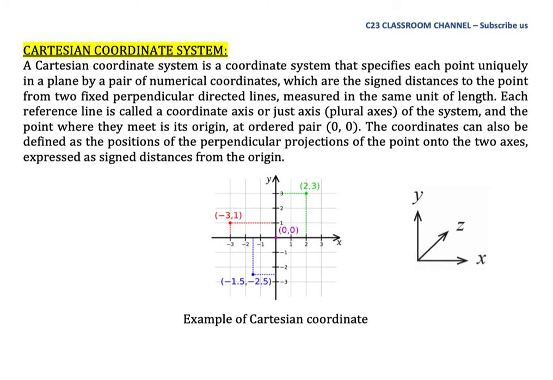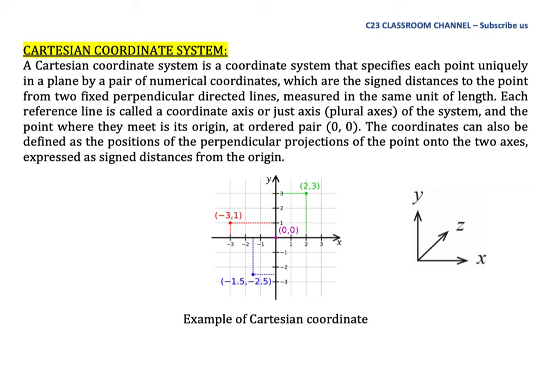A Cartesian coordinate system is a coordinate system that specifies each point uniquely in a plane by a pair of numerical coordinates, which are the signed distance of the point from two fixed perpendicular directed lines measured in the same unit of length.